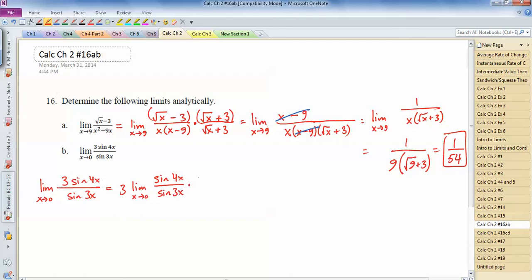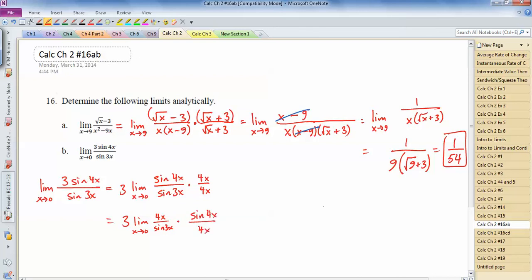Okay, if I multiply this by 4x over 4x, then what I'm going to get is this, 3 limit x goes to 0. I'm going to put the 4x out in front here over sine 3x. That part I'm not going to worry about for now. But then I'm left with times sine 4x over 4x.